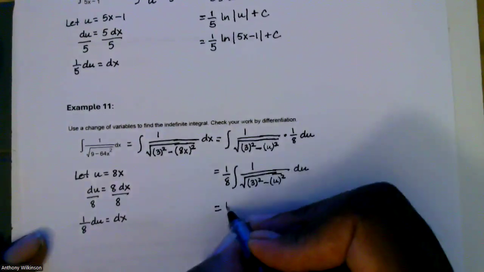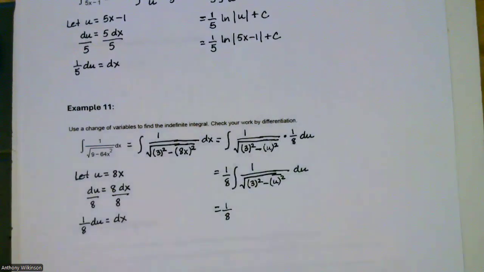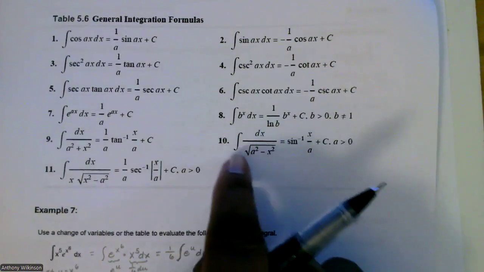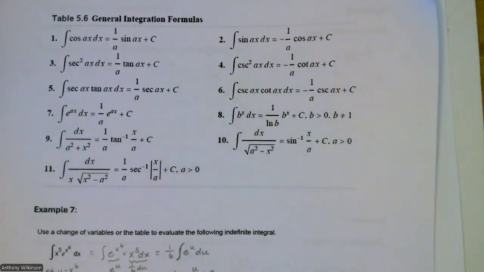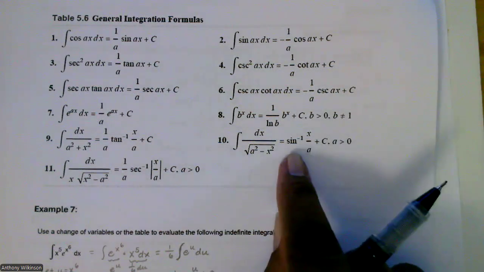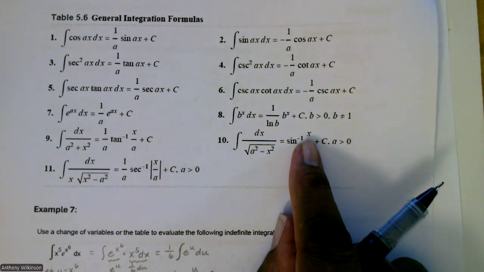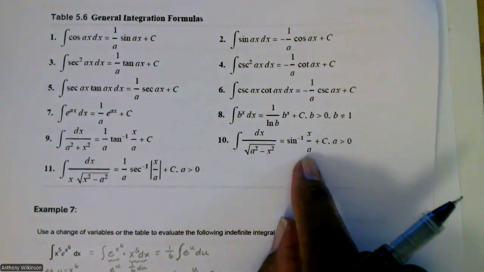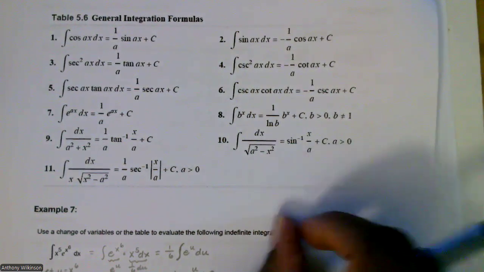Now let's bring down the 1 over 8. This matches this right here, the integral of dx divided by the square root of a squared minus x squared, and a is a constant, so it's going to be the inverse sine of x divided by whatever a is, plus c.